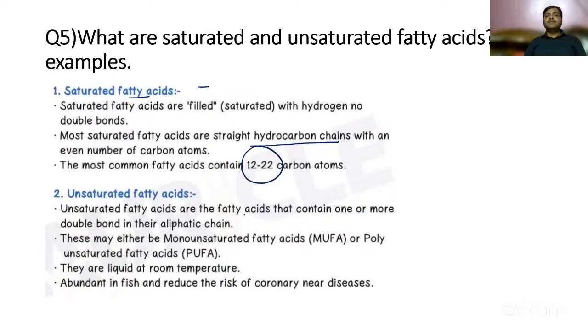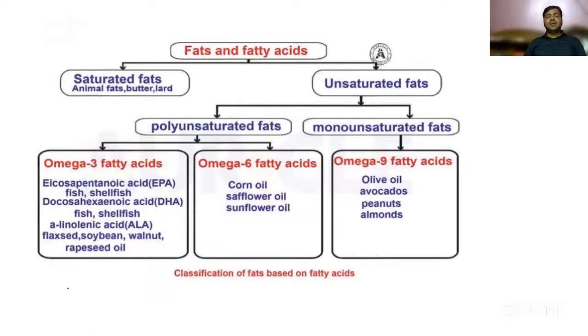Unsaturated fatty acids contain one or more double bonds, right? They can be either monounsaturated or polyunsaturated fatty acids. They are liquid at room temperature, they are abundant in fish, and they reduce the risk of coronary heart diseases.